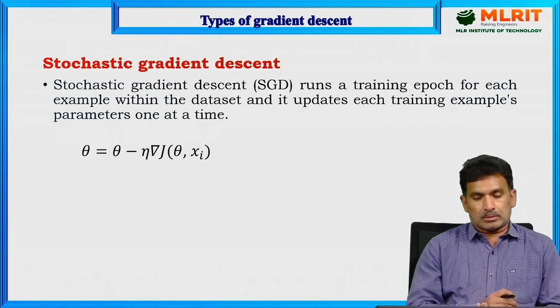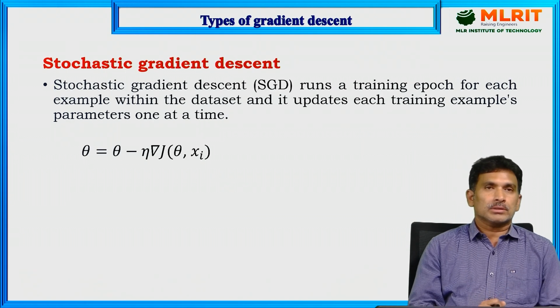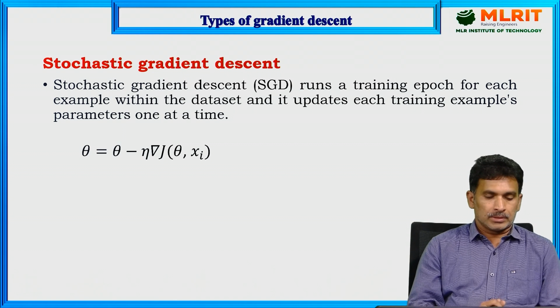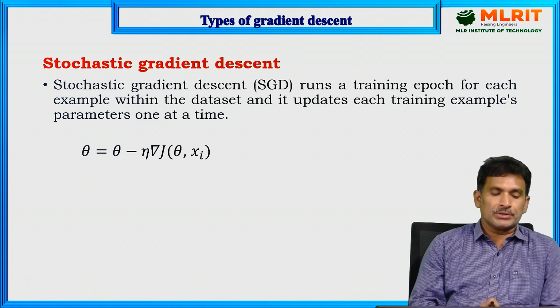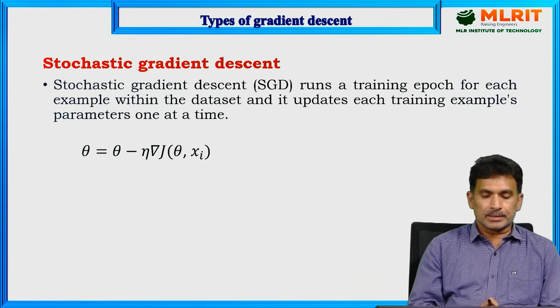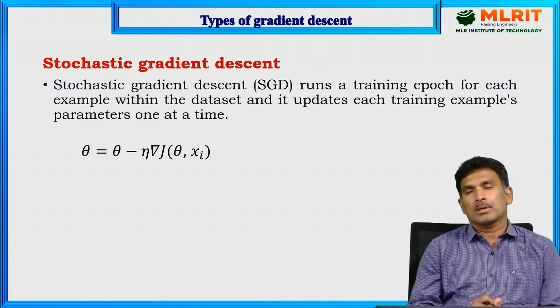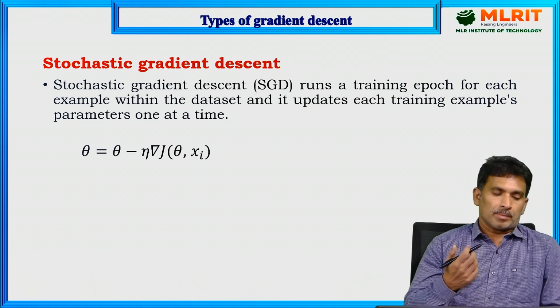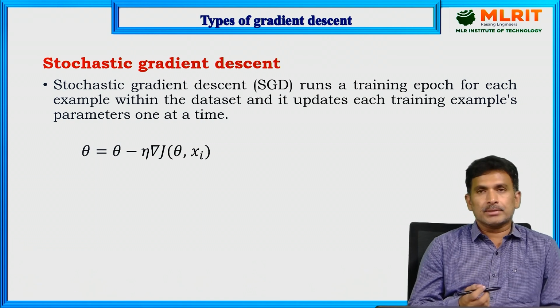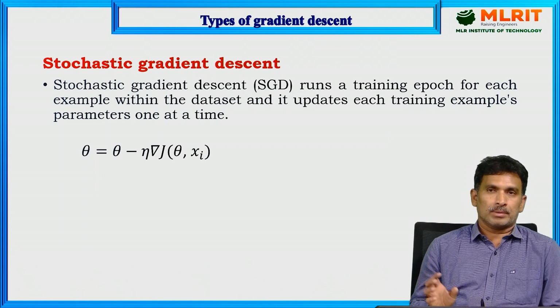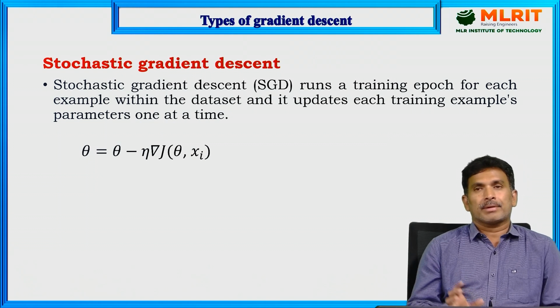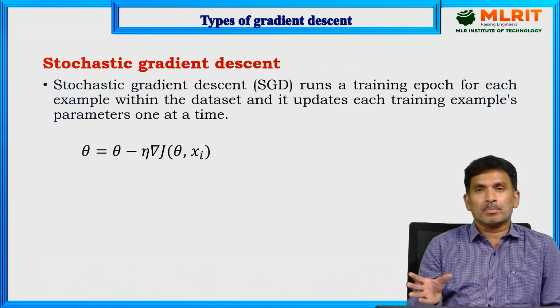Next, the type of gradient descent is stochastic gradient descent. It runs a training epoch for each example within the data set, and it updates the parameters for each training example one at a time. That means the batch gradient evaluates all the examples in the data set and then updates the model, whereas stochastic gradient updates the model for every sample in the data set.